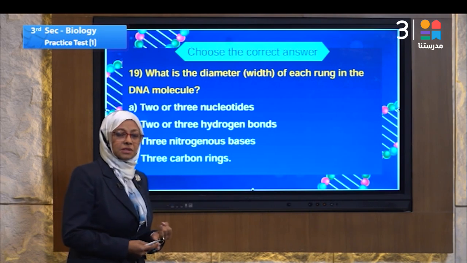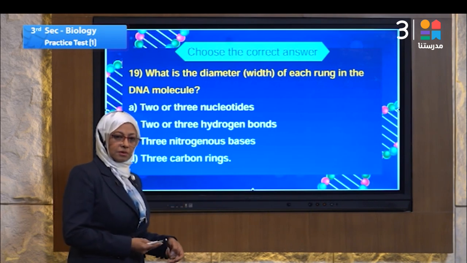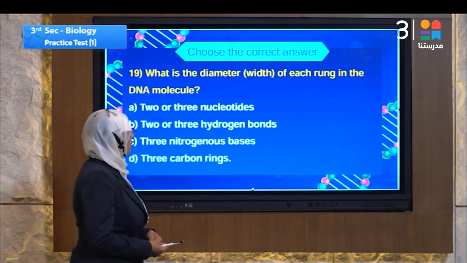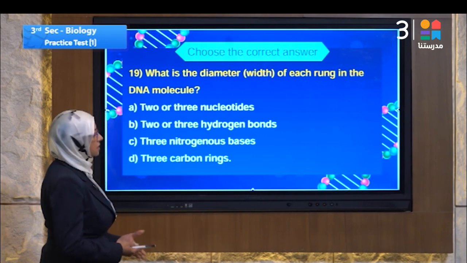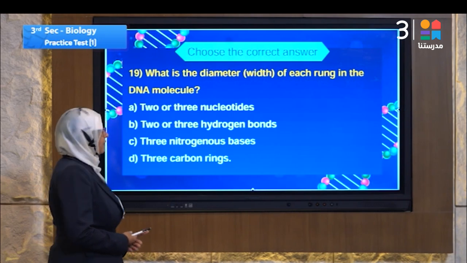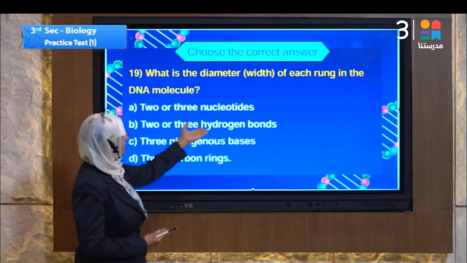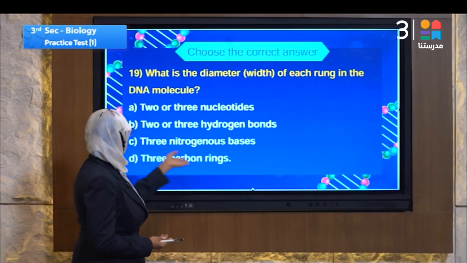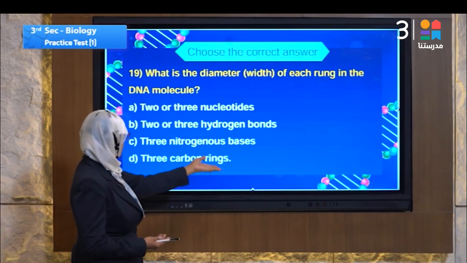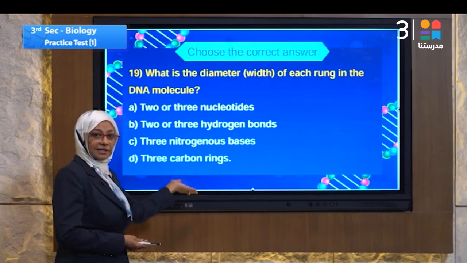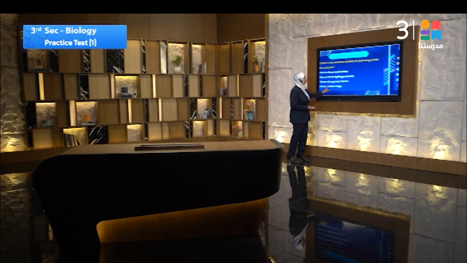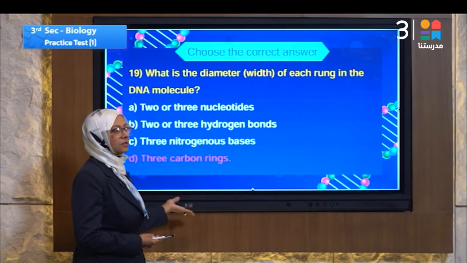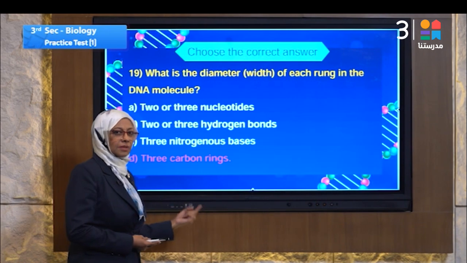The purine consists of 2 carbon rings, and the pyrimidine consists of 1 carbon ring. So let's read the choices of answer. Number 1, 2 or 3 nucleotides, 2 or 3 hydrogen bonds, 3 nitrogenous bases, or 3 carbon rings. So the answer must be 4. There are 3 carbon rings: 2 from purine and 1 from pyrimidine.